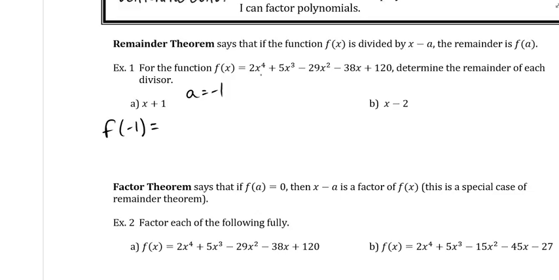So negative 1 to the 4th is positive 1 times 2 is 2. Negative 1 to the 3rd is negative 1 times 5 is minus 5. Negative 1 squared is positive, so this is going to be minus 29, and then plus 38 plus 120.